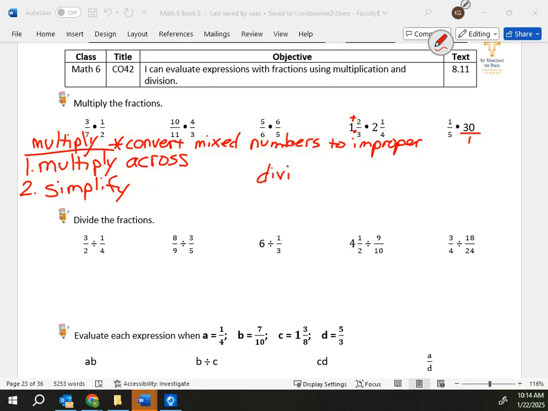When we divide, we have a different first step. That first step is flip, divide to multiply, and flip second fraction.